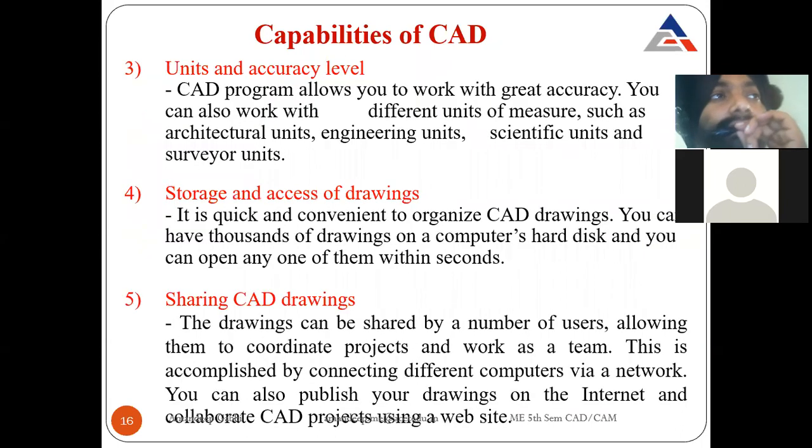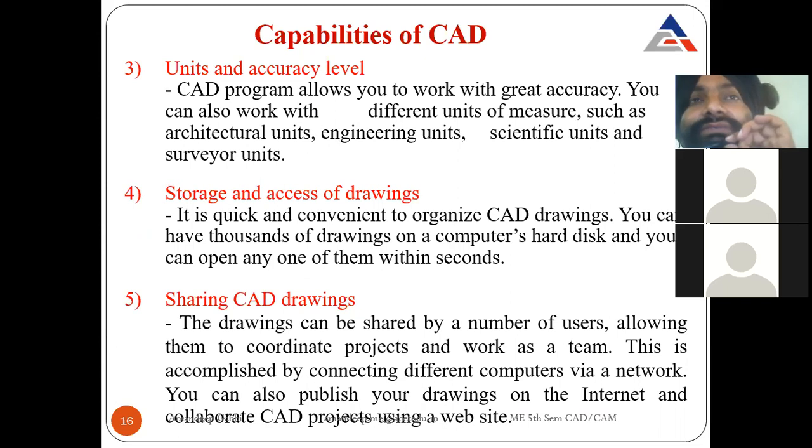Then units and accuracy, you can use any types of unit, either inches, feet, and yards, or mm, centimeters, meters, and kilometers, etc. Storage and access, you can store a particular drawing in your computer, and whenever it is required, you can open that drawing to change it or take a printout of it.